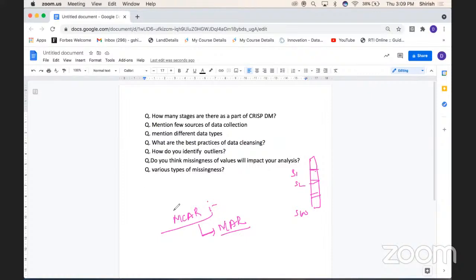So he was not alert, not on time. So completely random. You are expecting him to reach the exam center and write the exam, but he did not, right? So missingness at random and missingness completely at random are closely related here.